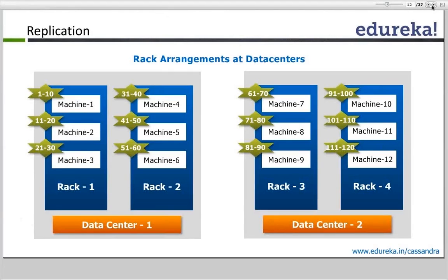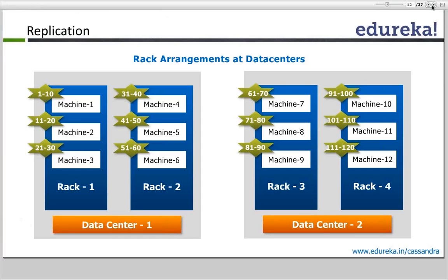The placement strategy actually tries to maximize the availability and fault tolerance of your replicas. So that's the main reason. The default replication strategy was called simple. Rather, it's not the default anymore. You can still use the simple replication strategy.